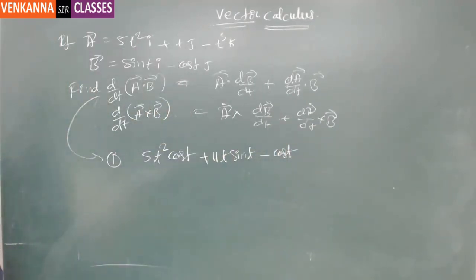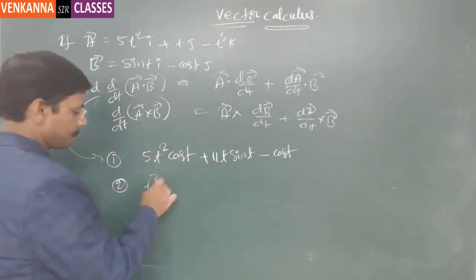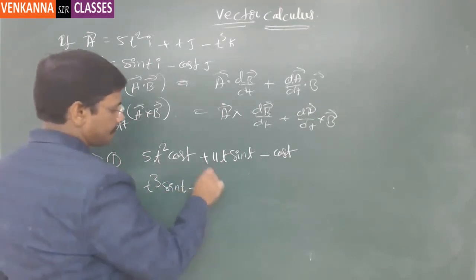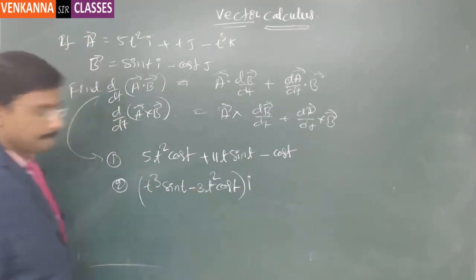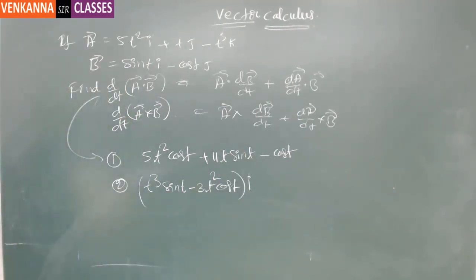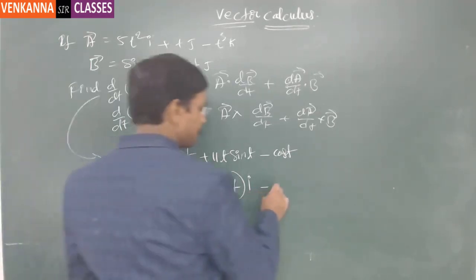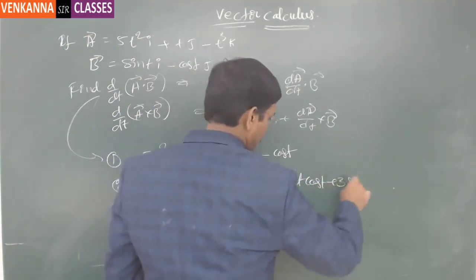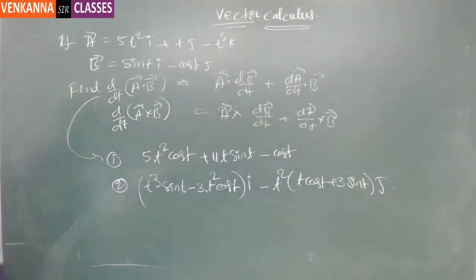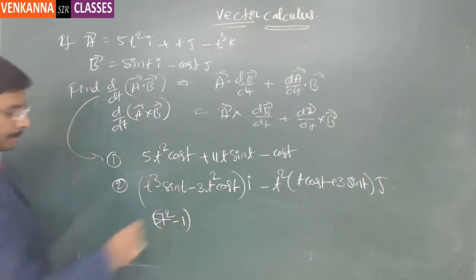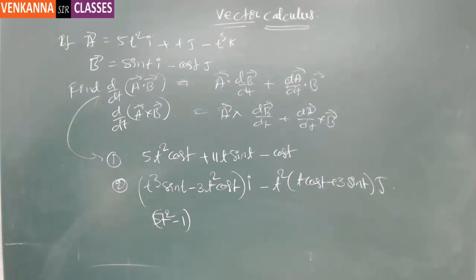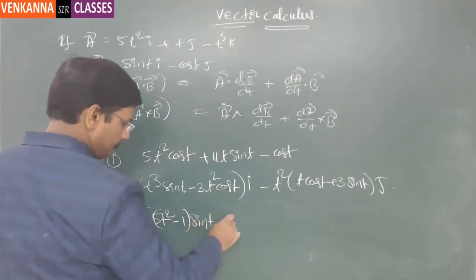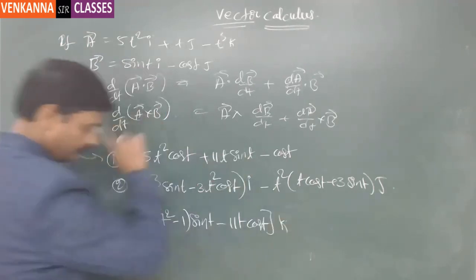So this is the first one, and the second one is a vector: (t cube sin t minus 3t square cos t) times I minus (t square times (t cos t plus 3 sin t)) J plus ((5t square minus 1) sin t minus 11t cos t) K. So this is the vector product.